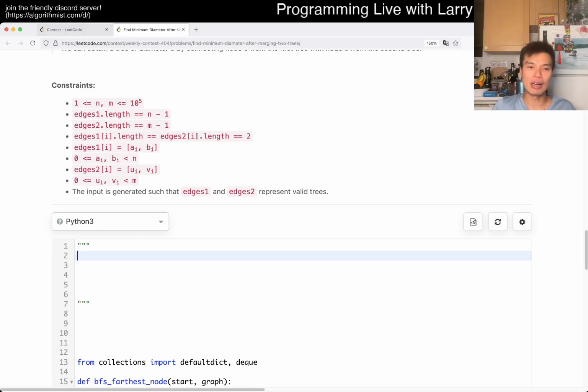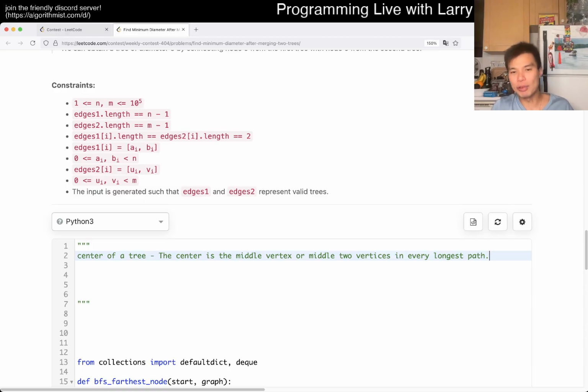But the idea here is that, okay, so for every tree there's a thing called the center of a tree, and the center of a tree is basically, I mean, you should look at it more precisely, but from Wikipedia, the center is the middle vertex or middle two vertexes in every longest path of a tree, right?